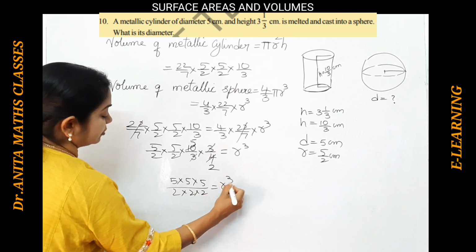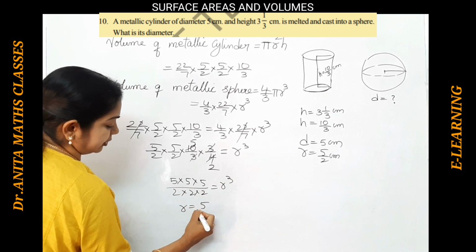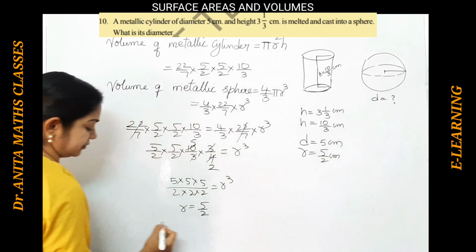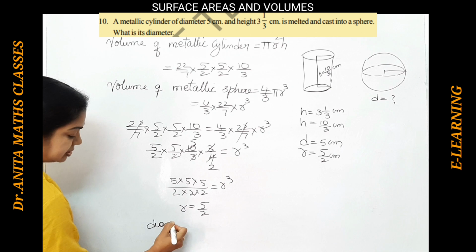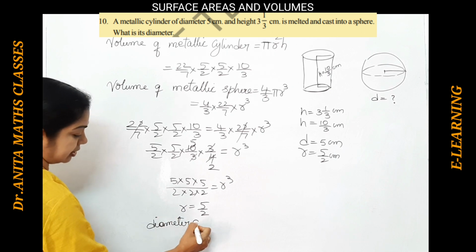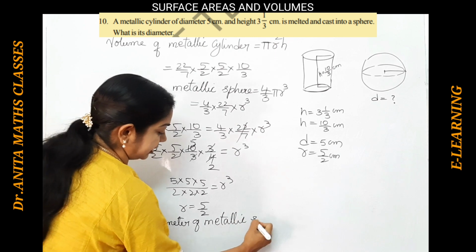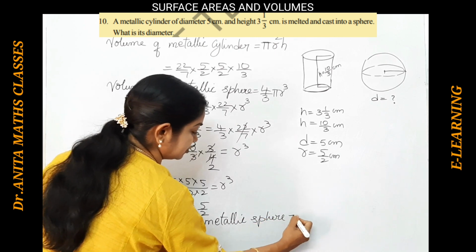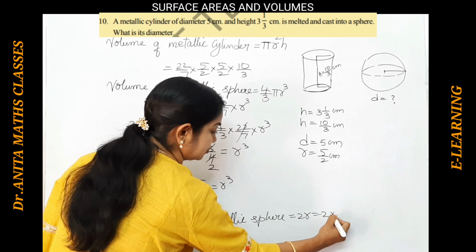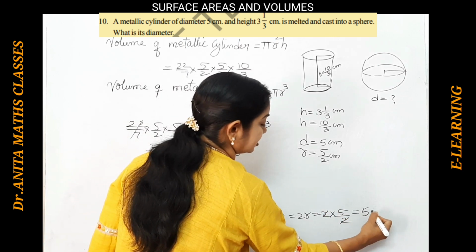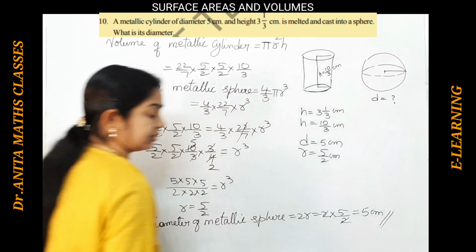So this is r cube. Clearly r value is 5 upon 2. This is the radius. But here they ask the diameter of the sphere. Okay, so diameter is twice the radius. Diameter of the metallic sphere equals 2r, that is 2 times 5 by 2. So it comes to 5 centimeters, the diameter of the sphere.